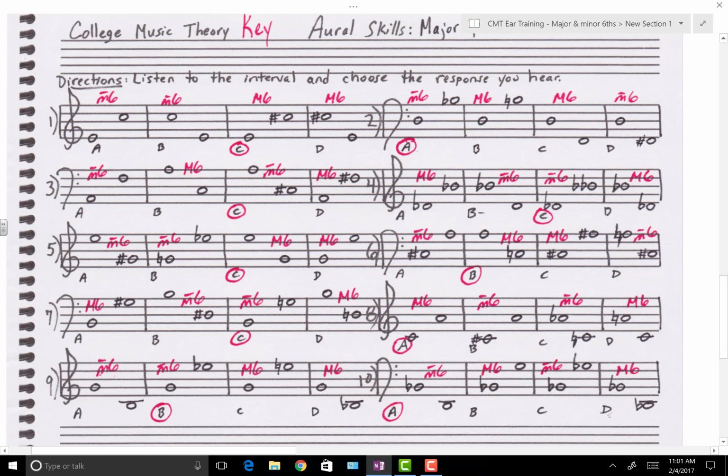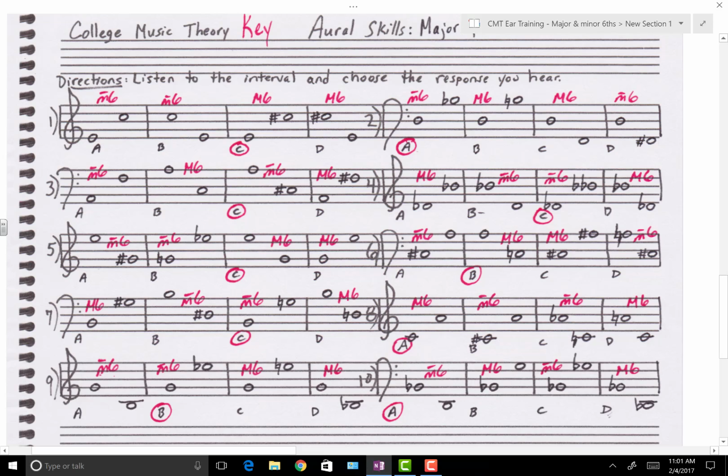Here's 6A, the minor sixth, and 6C. Larger by a half step. For 6D, we had a minor sixth descending, which was the opposite of 6A.